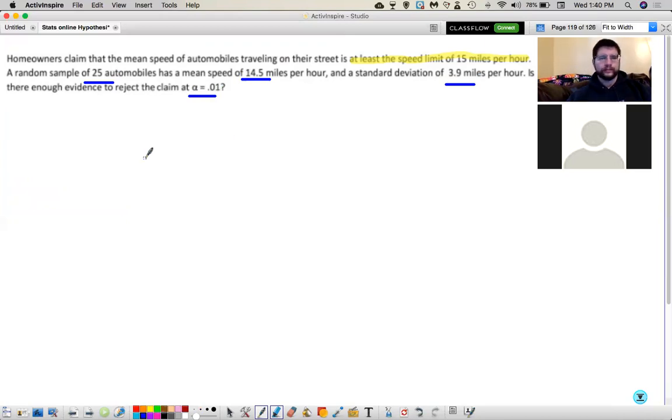Let's see. So my null and my alternative. Okay, so at least that's greater than or equal to. That's going in my null this time. And it's greater than or equal to 15.